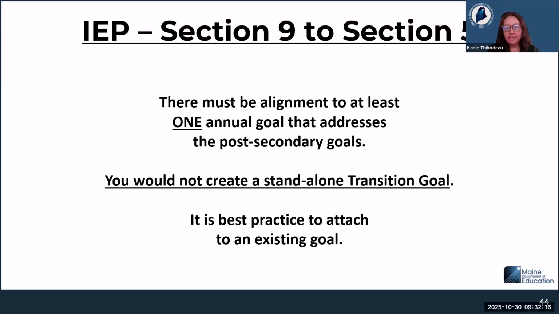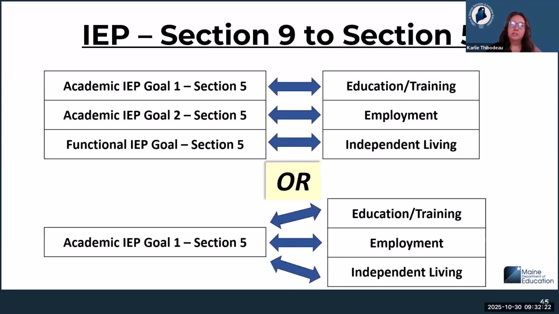You don't need to identify it as a transition goal. It can be one of their existing goals, if they have academic or functional, that's completely okay. So you can have one goal that's attached to one post-secondary goal and another to the second and so on, or you can just have one goal that's attached to all three.